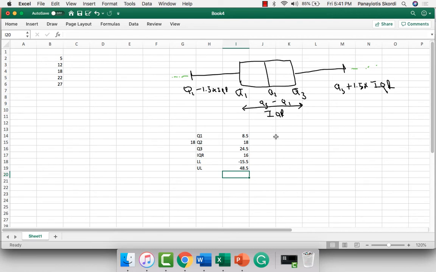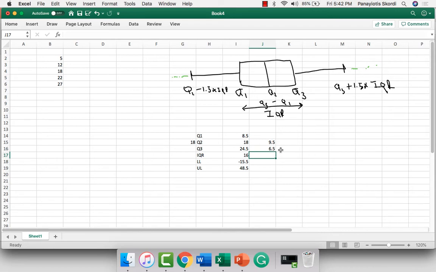Where does the median lie in this particular case? The median is 18. Let's see how far it is away from Q1: 18 minus 8.5. And let's see how far the median is away from the right-hand side, Q3. So Q3 minus Q2, 6.5. What does that mean?